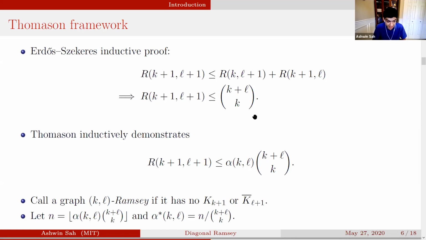We're going to let n be the floor of alpha(k, L) times (k+L choose k), and let alpha star be n over (k+L choose k). This alpha star deals with the rounding error that might occur because alpha times (k+L choose k) is not necessarily an integer. And the name of the game is to basically assume that we have a graph on n vertices, which is quite large, and say something meaningful about it if it has the k.